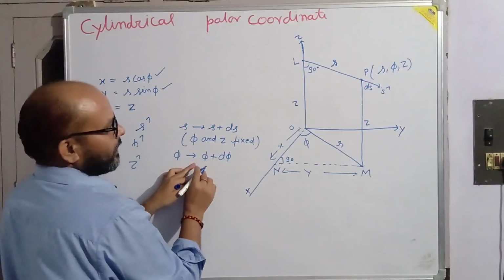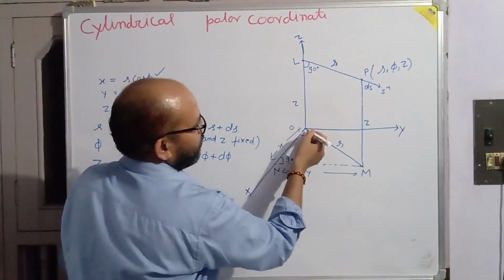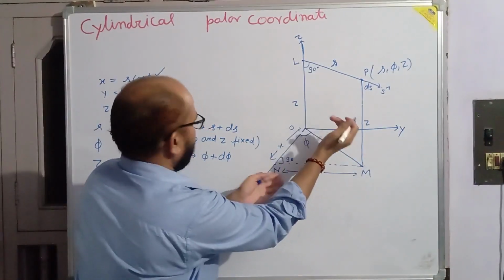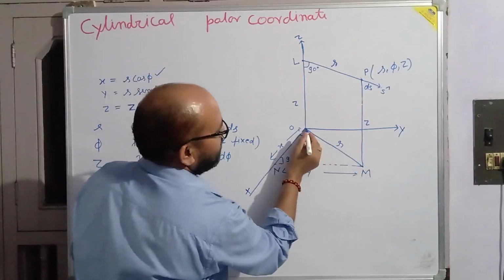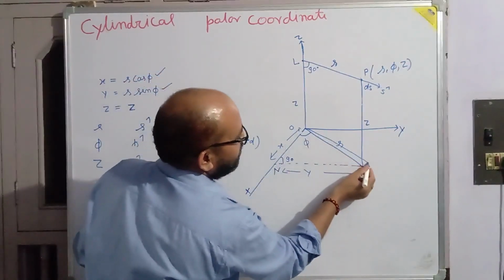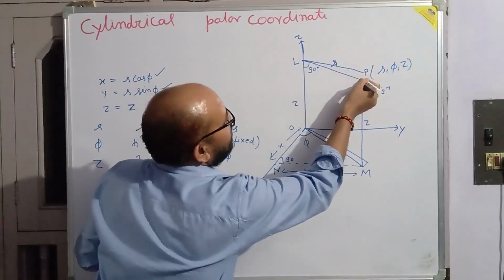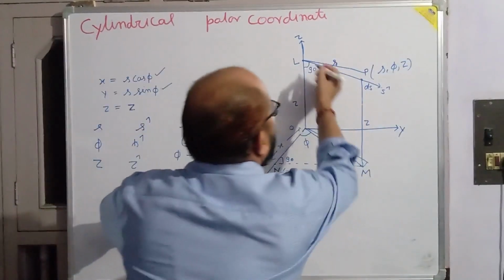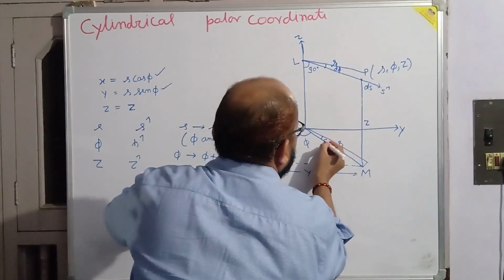For phi cap, phi is increasing, phi plus d phi, while Z and S are constant. In the XY plane, this is the direction of d phi.